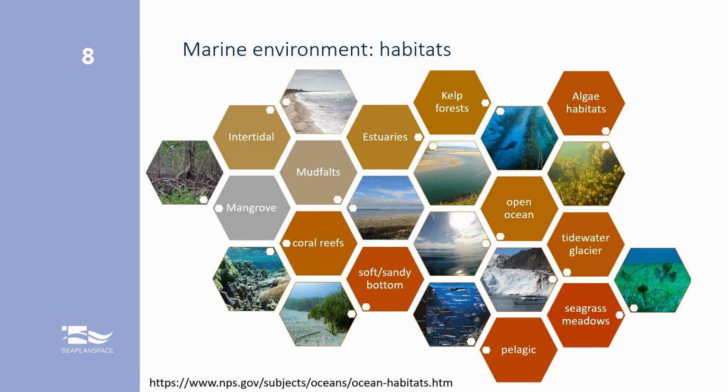We have habitats like intertidal habitats, mangroves, mudflats, estuaries, kelp forests, algae habitats, various open areas, tidewater glaciers, pelagic habitats, soft and sandy bottoms, so those which are connected to the type of the bottom, and of course something which is already well known, coral reef habitats.